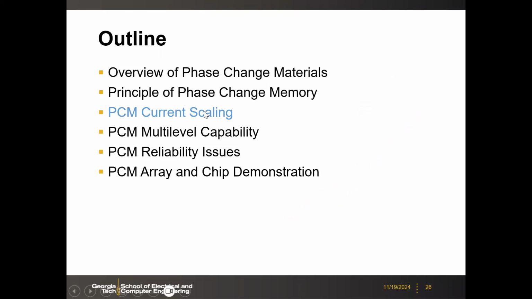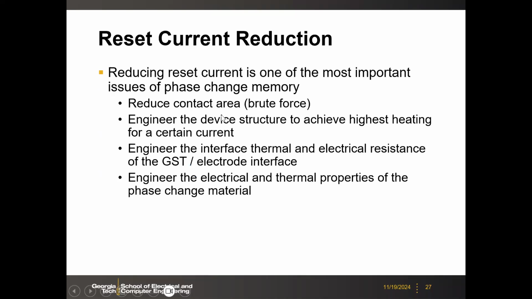So the key challenge is how to scale the switching currents, right? This is for the reset, because the reset, from the crystalline to the amorphous, you need the high temperature to melt. So how to reduce the reset currents? That is the bottleneck for the power of your entire memory array.